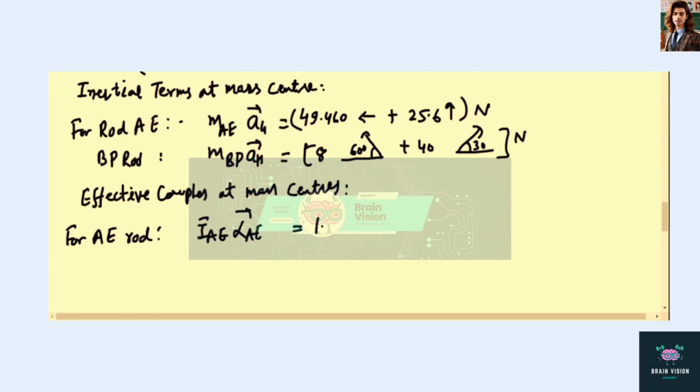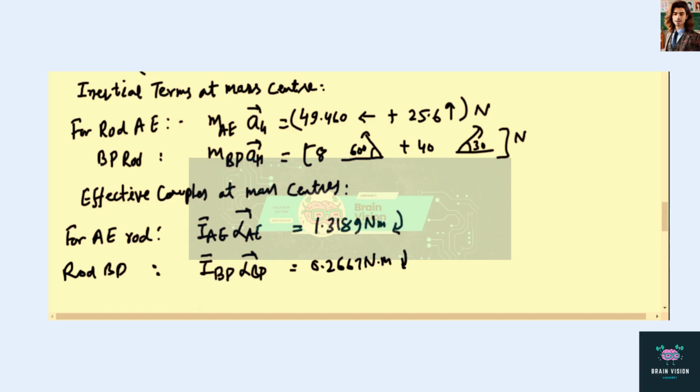So it will be 1.3189 Newton meter in clockwise direction, and for rod BP, it will be moment of inertia of BP rod into angular acceleration. So you will get 0.2667 Newton meter in clockwise direction.